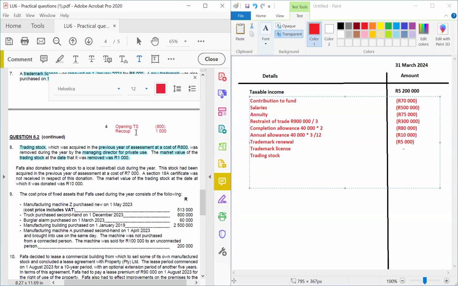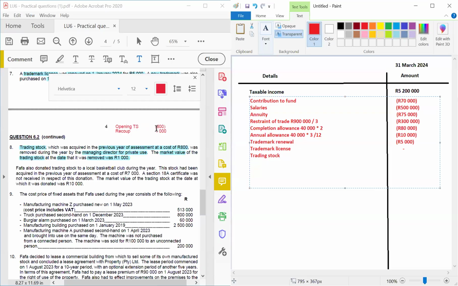But normally, what people do, but that's a story for another day in terms of tax planning, but that's more in relation to VAT. So let me not go into that one.